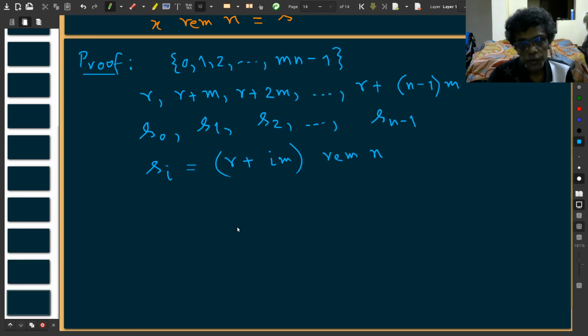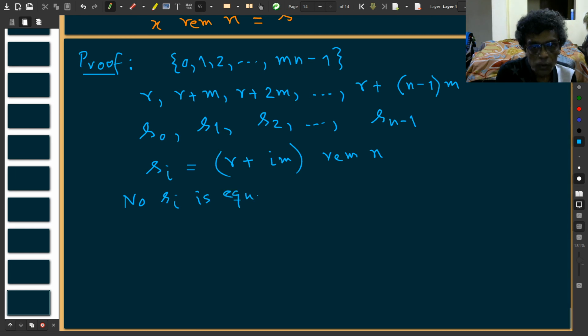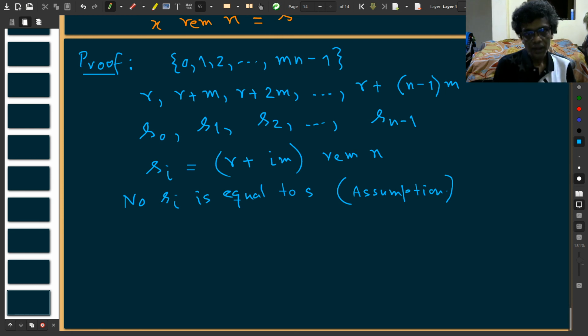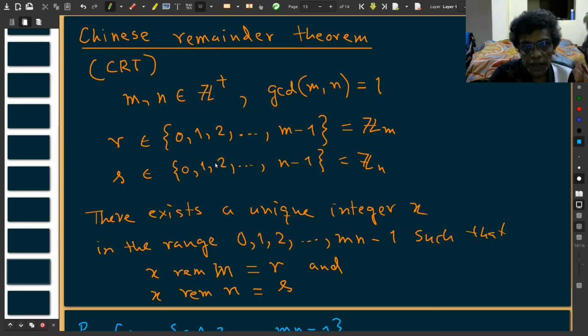So once again we proceed by contradiction. I say that no si is equal to s. This is an assumption. If that is the case, then one possibility from this set is gone.